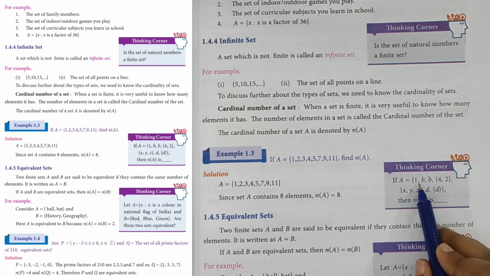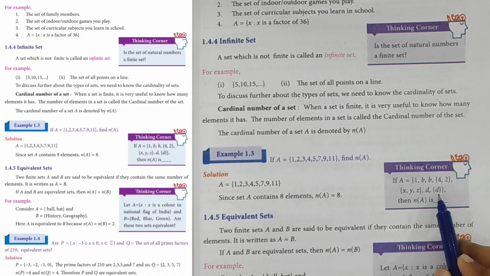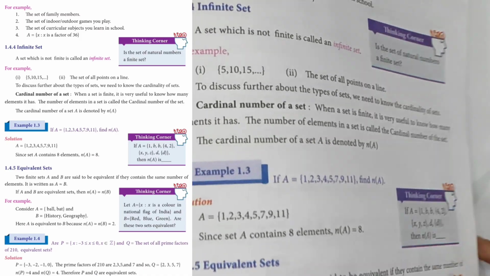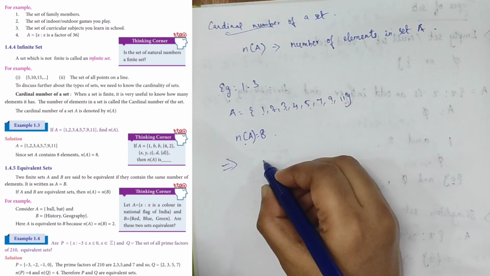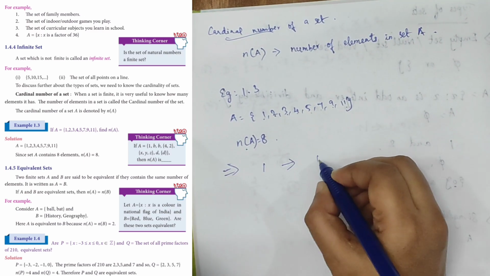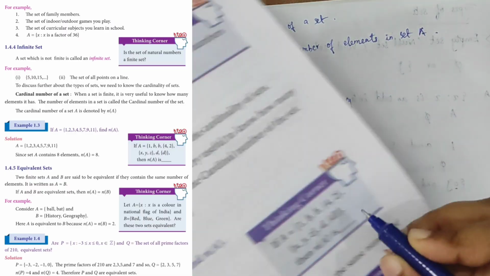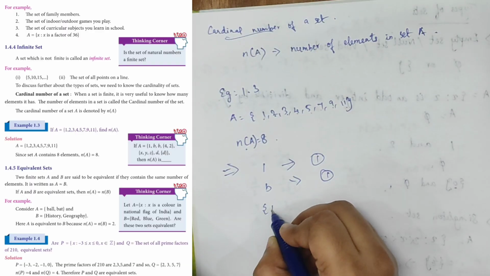If A is equal to {1, b, {4, 2}, {x, y, z}, d, {d}}, then can you tell me how many elements are there? n of A. Can you count the number of elements? So I am telling you the answer for this. 1 is 1 element. b is another 1 element. d is repeated, so you don't want to write it. {4, 2} is a set, right?